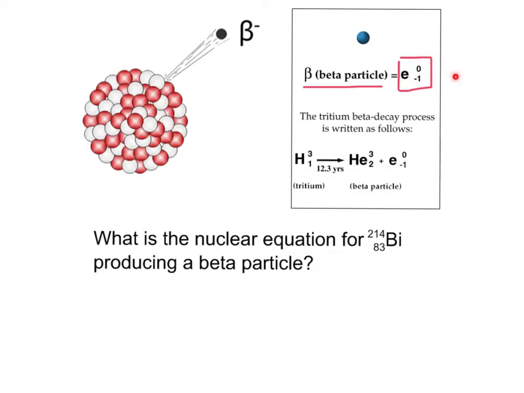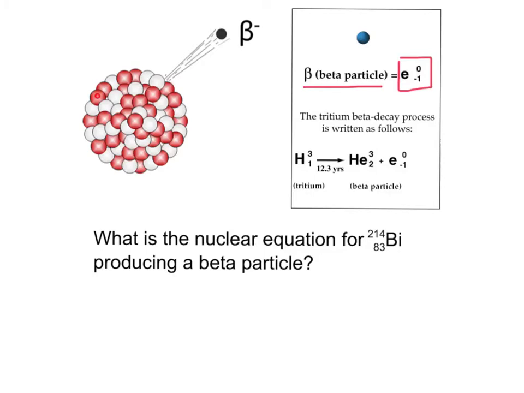It also has a -1 charge, kind of like an electron. The interesting thing about beta particle emission, and you're going to see this as we write the nuclear equations for it, is that the net effect is that it changes a neutron from the nuclide into a proton.